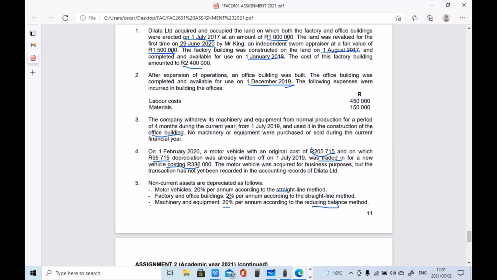So we are calculating depreciation for 7 months on there based on the cost, because they said motor vehicles is 20% per annum on cost. For a disposed asset, we calculate the depreciation based on the months that we had the asset.